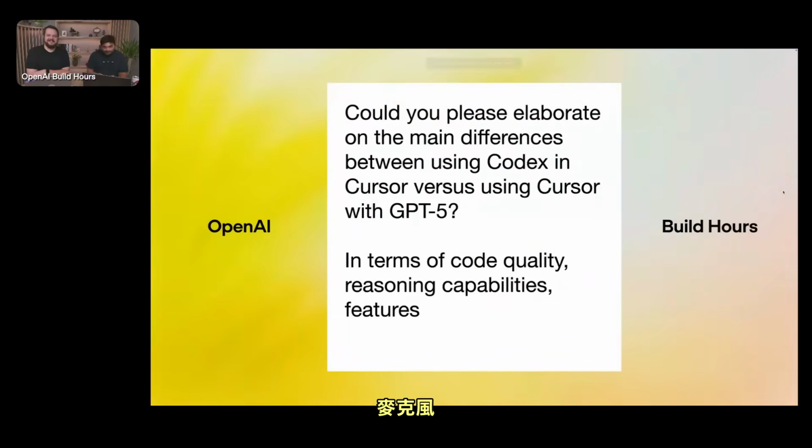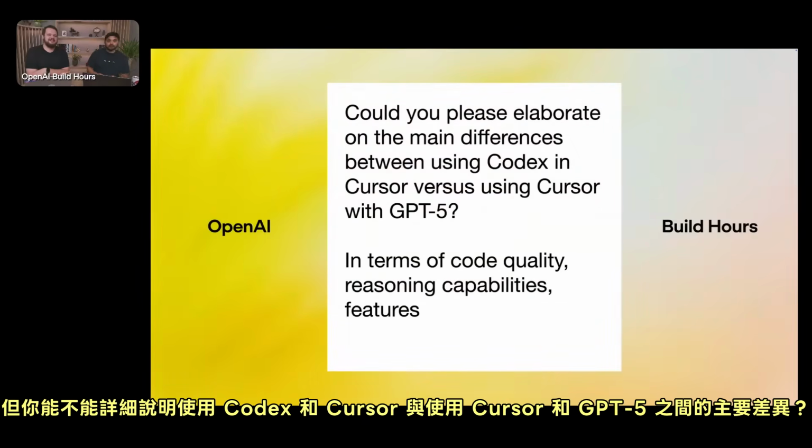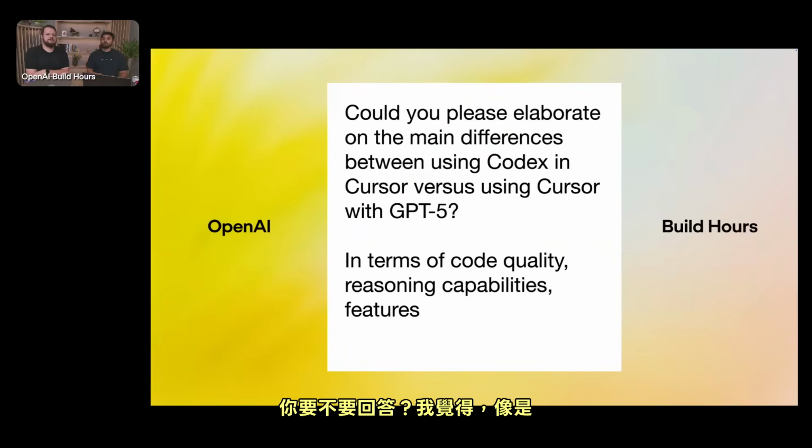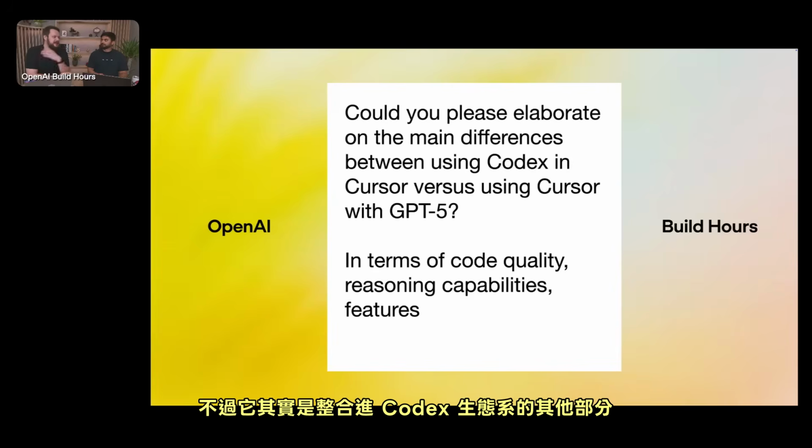The camera is obscuring a little bit, but could you please elaborate on the main differences between using Codex and Cursor versus using Cursor and GPT-5? Do you want to take that? I think ultimately it's 2 different harnesses, and I found myself sometimes switching between the 2. Codex in Cursor uses GPT-5, but it then integrates into the rest of the Codex ecosystem.